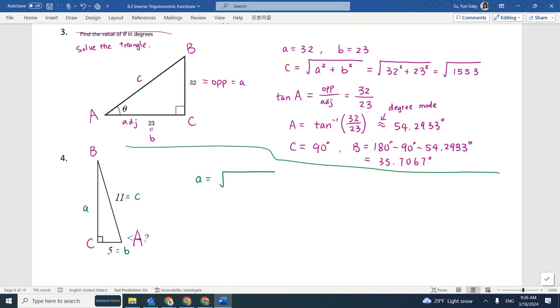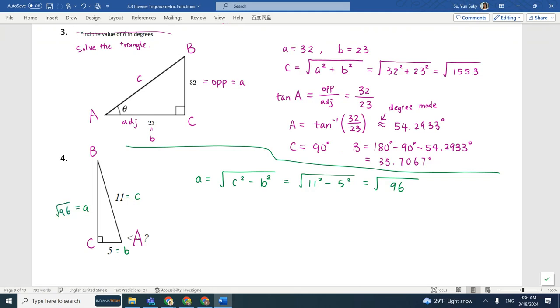Square root of C squared minus B squared, because C is the hypotenuse. That's the longer one. Okay, and then we have 11 squared minus 5 squared. What's 11 squared minus 5 squared? Thank you. We get 96, right? So square root of 96.